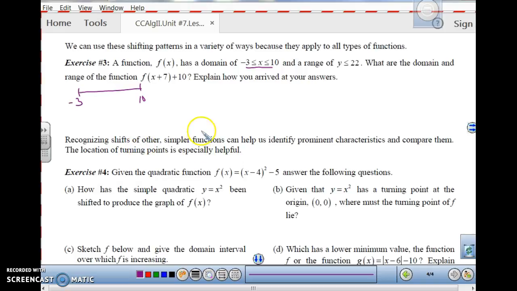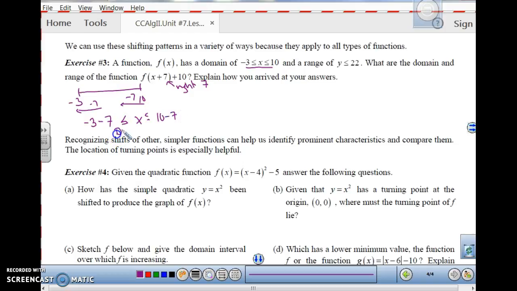Okay, now it's going to shift. How? Well, if it's x plus 7, that means it's going to go to the right 7. So we are going to take each value and shift it 7 this way. So this is going to be -3 minus 7, and then the 10 is also going to shift 7, so this is going to be 10 minus 7.